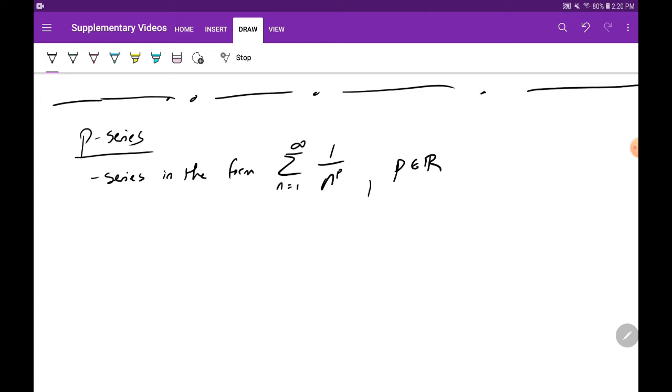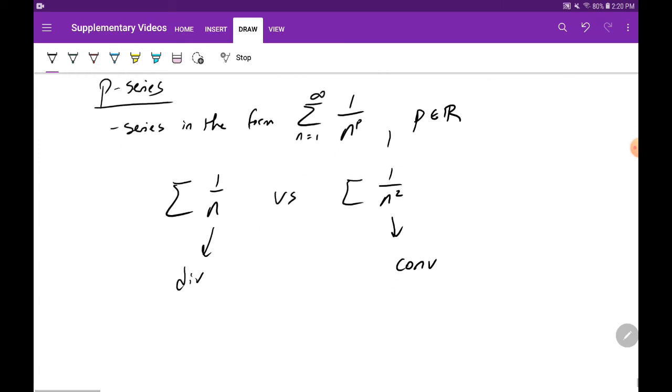And I'm just going to tell you guys that if you look at specific values of p, we've looked at 2 already from last lecture. We saw that 1 over n diverged and 1 over n squared converged, using integral tests in the notes from last class.